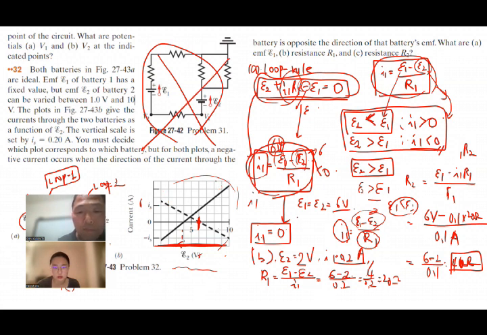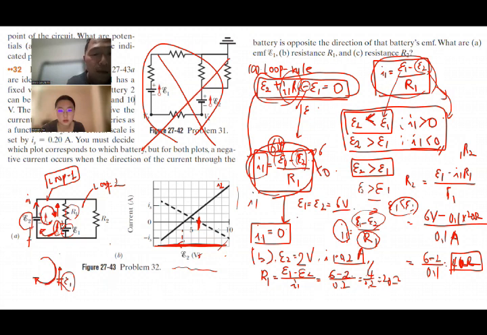So here the solid black line is, as I said, I2. The y-axis, I, indicates the current value along loop 1 and loop 2. So the I itself indicates the current along R1 and R2.